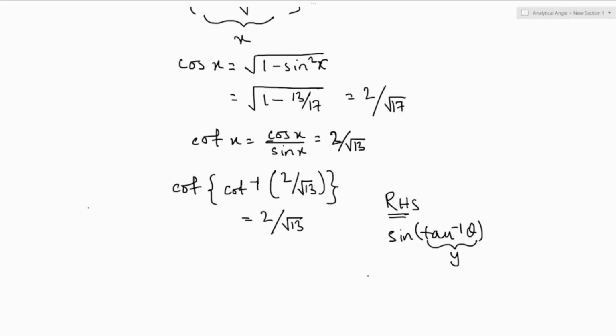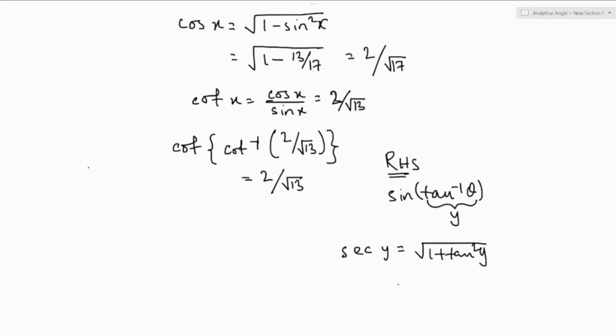Now we can write it as sec y is equal to root of 1 plus tan square y. Then we can further simplify it as 1 plus theta square as per the question.